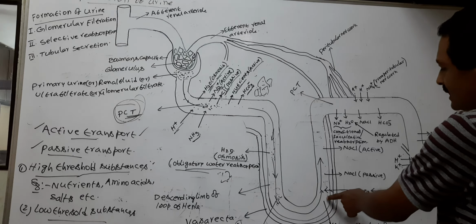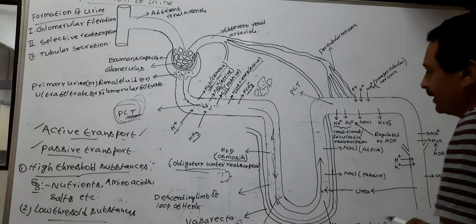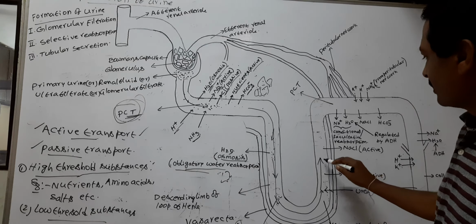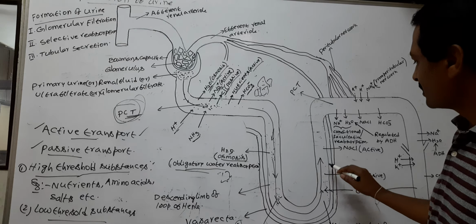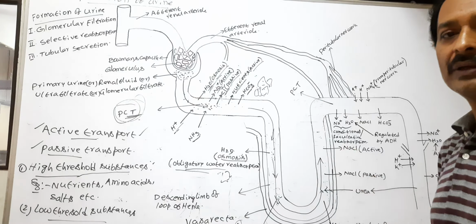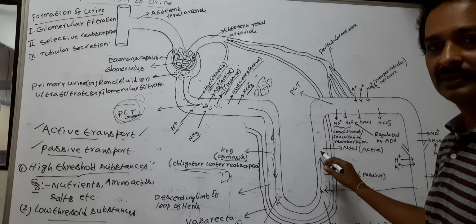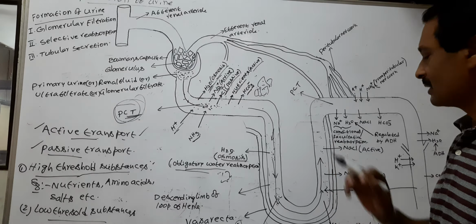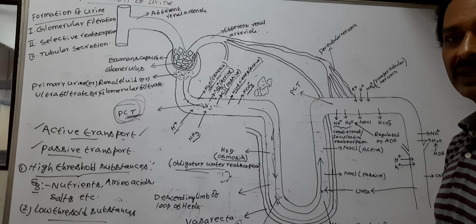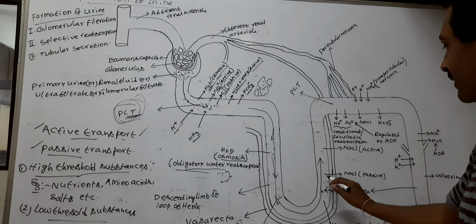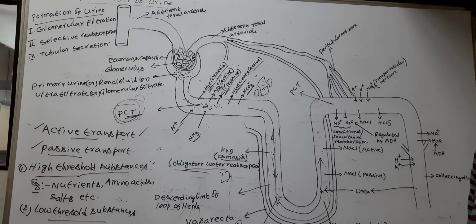So the ascending limb is permeable to salts and impermeable to water. So water does not reabsorb in the ascending limb of loop of Henle. Only salts are reabsorbed from primary urine into medullary interstitial fluid.